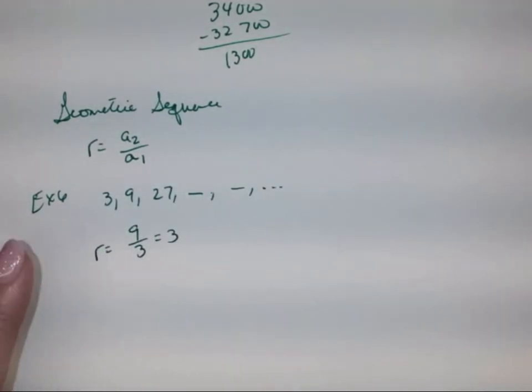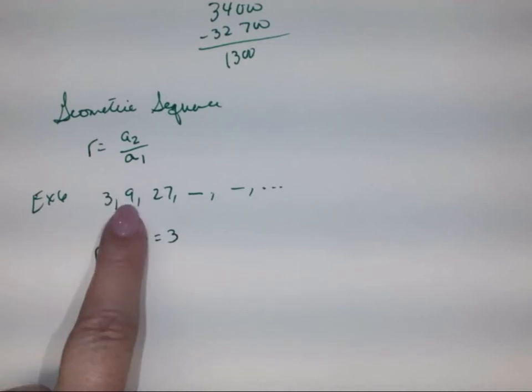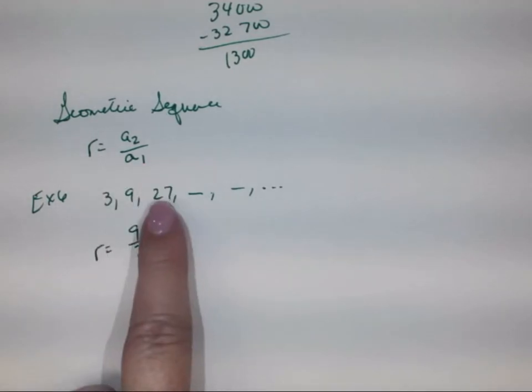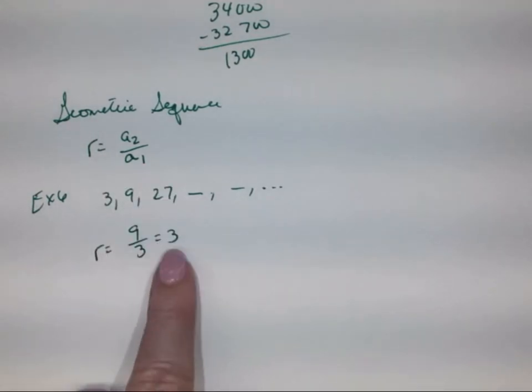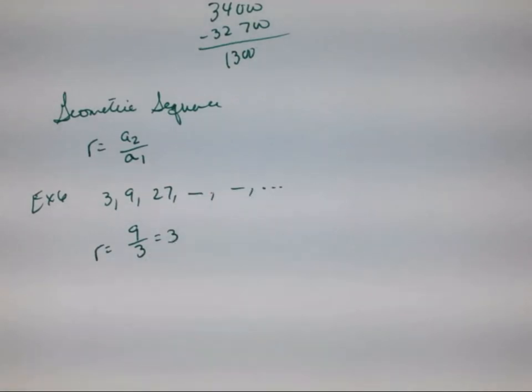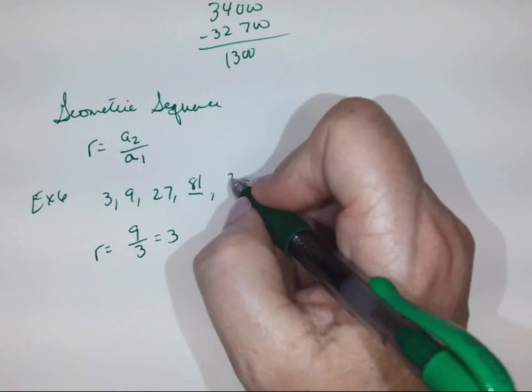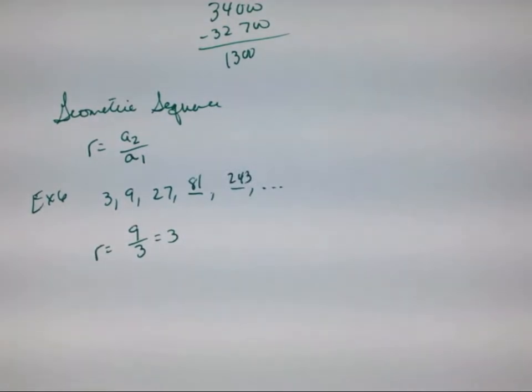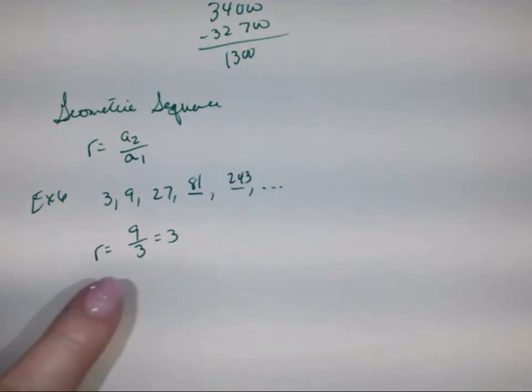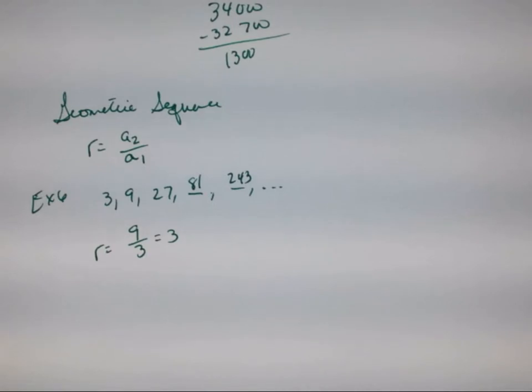And if we look at it, 3 times 3 is 9. 9 times 3 is 27. We can find the next number. 27 times 3 would get us 81. 81 times 3 would get us 243. So we can continue on doing that, and that's checking our values to make sure that we're getting the right r.